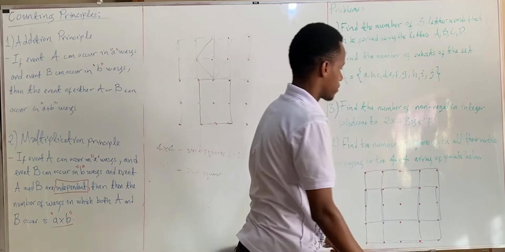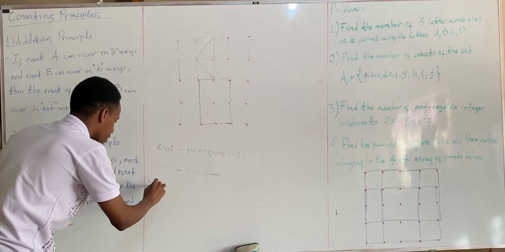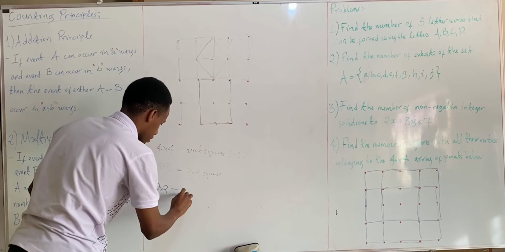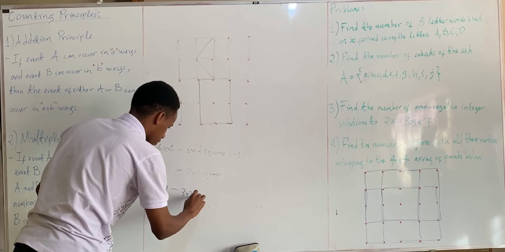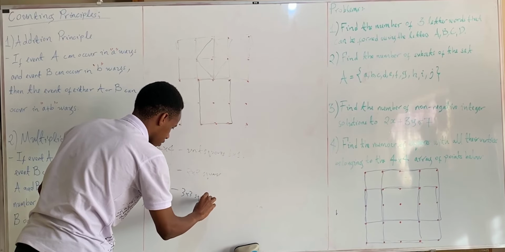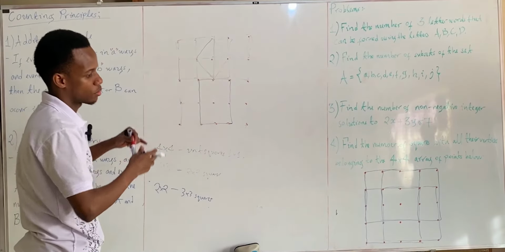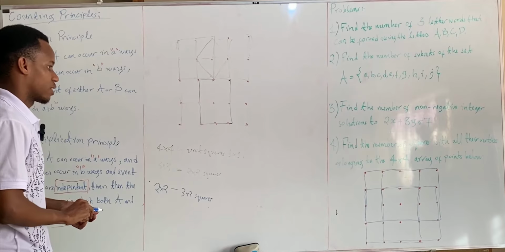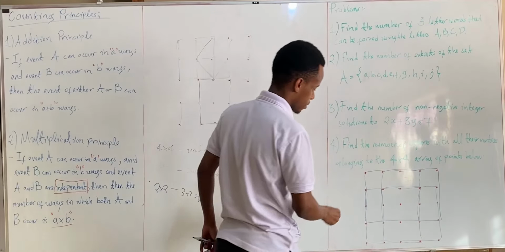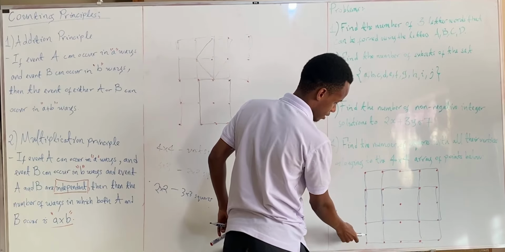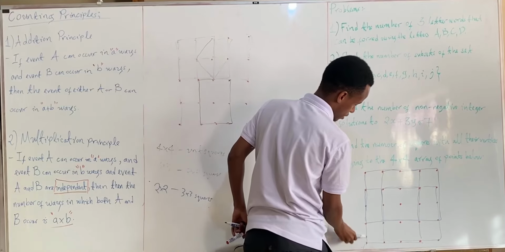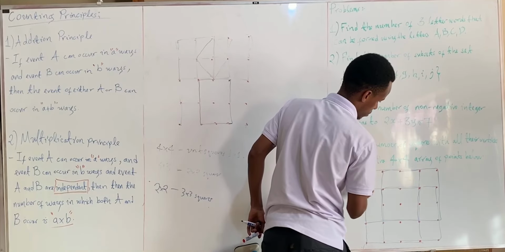So in this case, we have 2 times 2, 3 by 3 squares whose sides are either vertical or horizontal. And finally, a 4 by 4 square, it means it's the largest one, because its width has to be 4 and its height has to be 4.